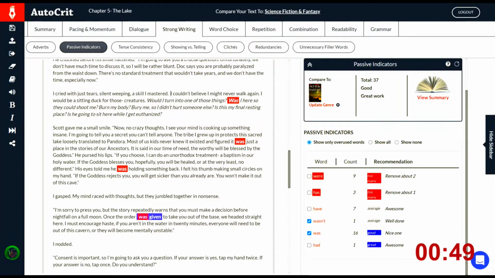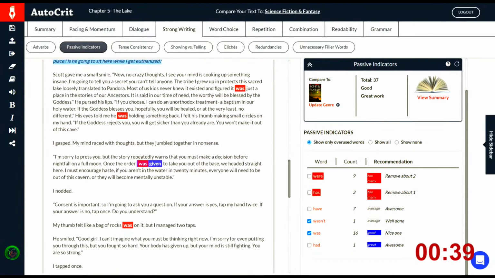I like it. Okay, so all of these things here is she's thinking. So again, I'm going to keep the was that is in there because that is part of her voice. And then same with this one. Most of us kids never knew it existed and figured it was just a place in the stories of our ancestors. So that again is part of his speech.